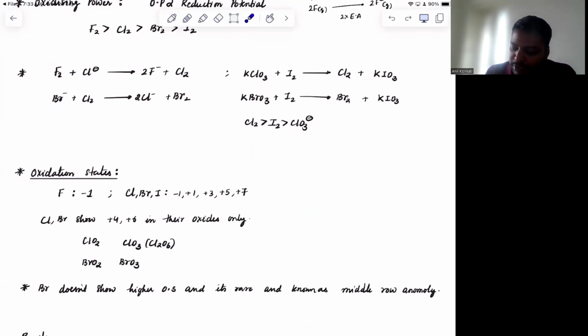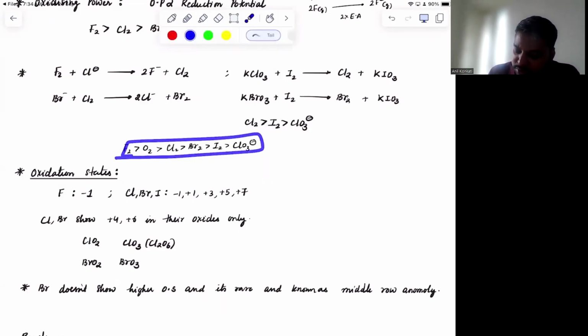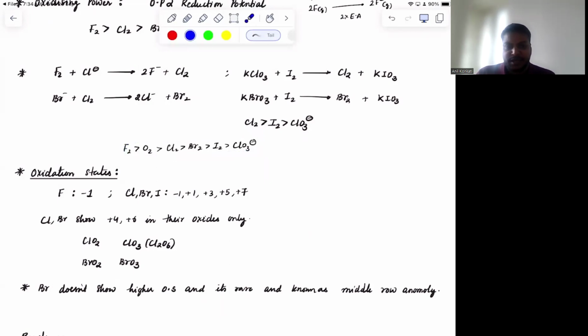Now, if I write the reduction potential here, first you will come across fluorine, then O2. And then when it comes to chlorine, bromine, and iodine, you'll notice that chlorine would be more, then bromine, then iodine, and last comes ClO3 minus. ClO3 minus is not a very strong oxidizing group here.